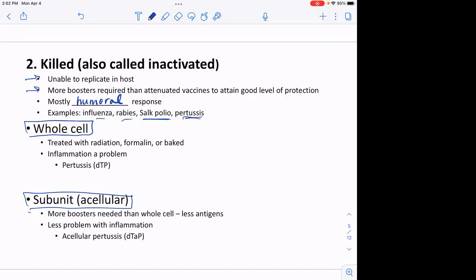Pertussis, we'll talk about that in a second, otherwise known as whooping cough. All right, so if we use the entire pathogen, the whole agent, we have to kill that somehow. Usually that's done either by maybe hitting it with gamma rays. Remember formalin, that was an aldehyde, so a pretty high level disinfectant.